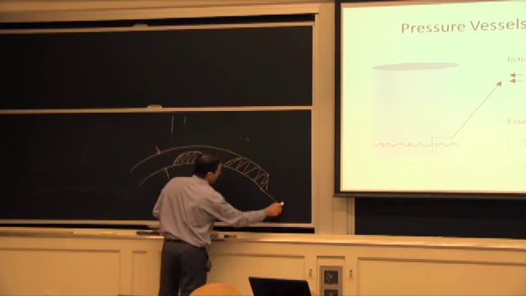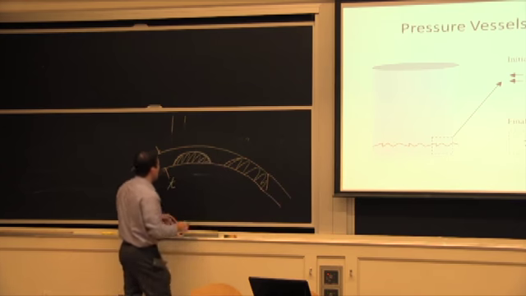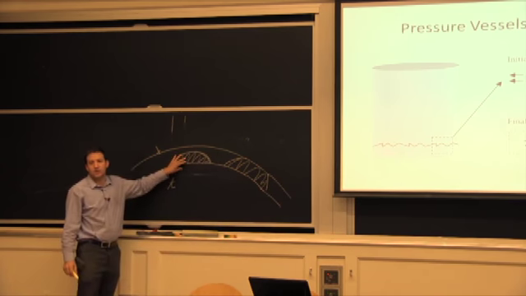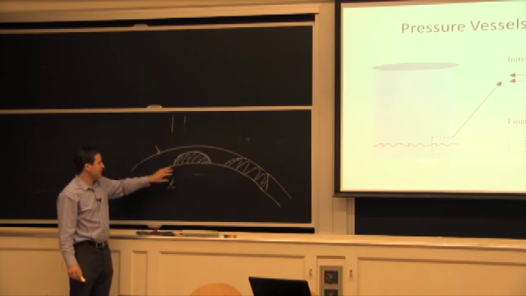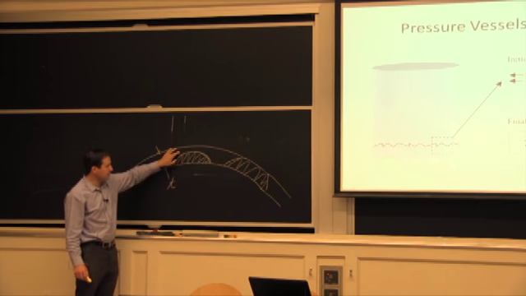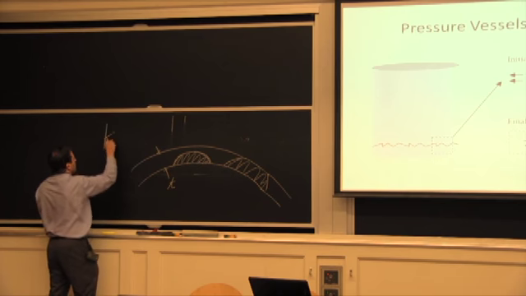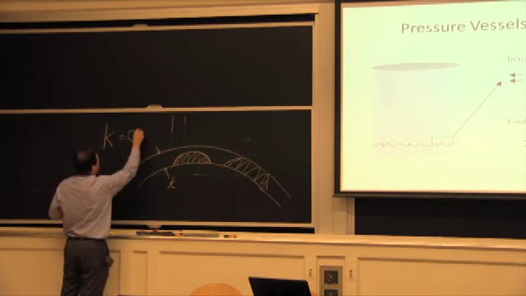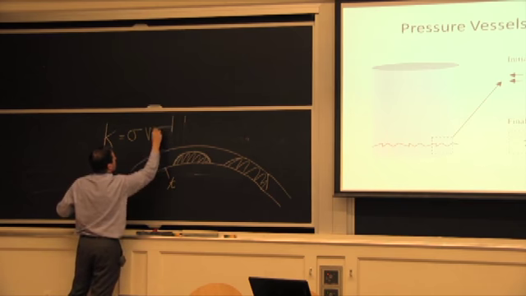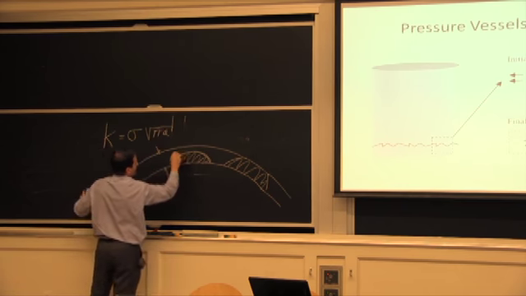So the main requirement is not based on the fatigue resistance. It's only based on the fracture toughness of the material, and that's that K value. That's related to the stress times the square root of pi a. a is the length of the crack here.